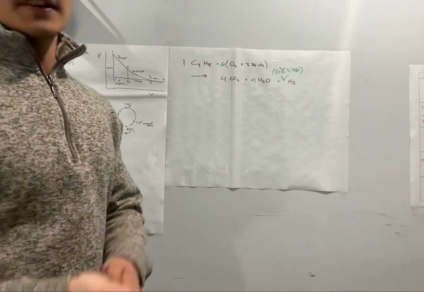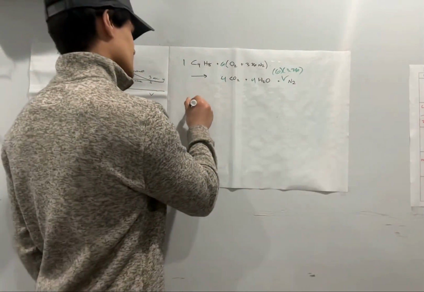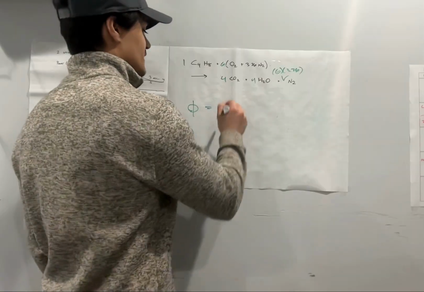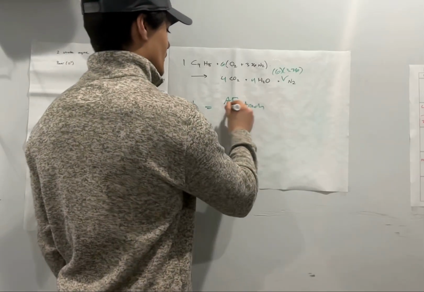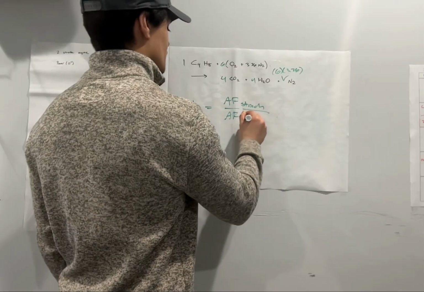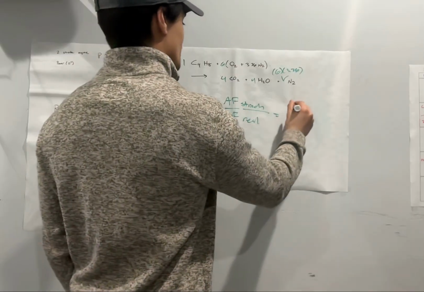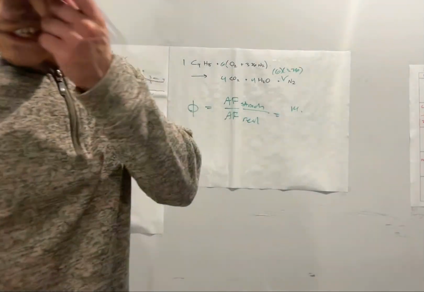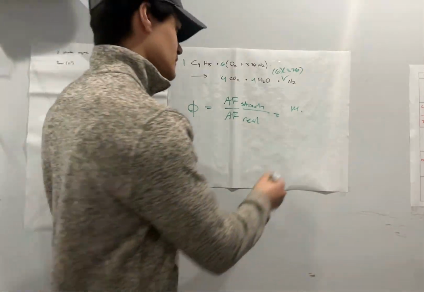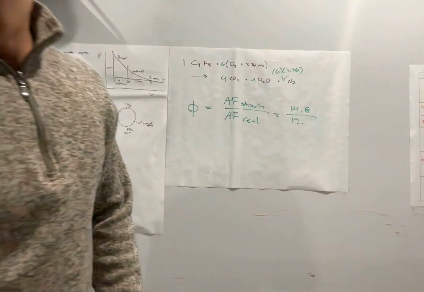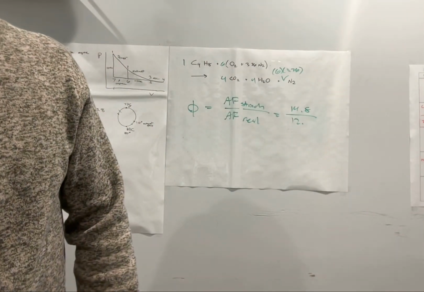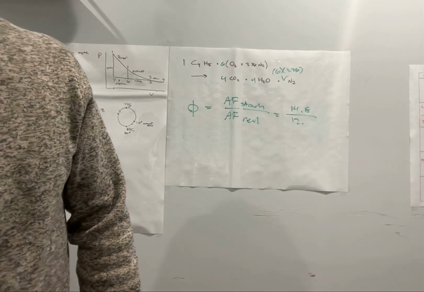Alright, so to get the equivalence ratio, let me repeat this, it's going to be air-fuel stoich over air-fuel real, which we said was roughly 14.8, and this is 12.3.